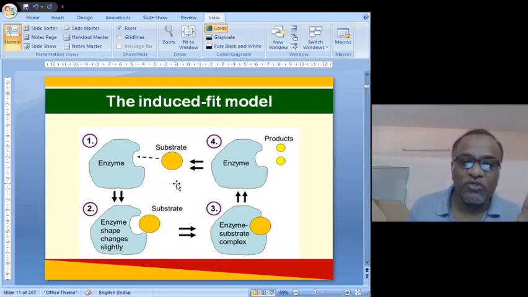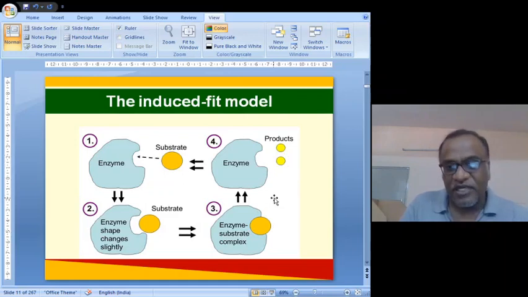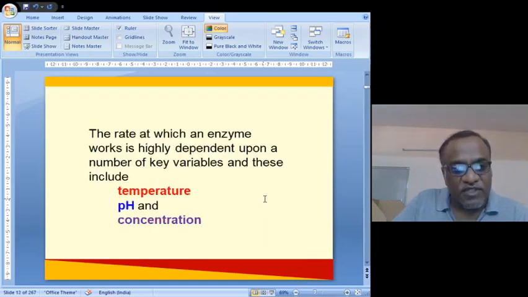So it induces a conformational change, allowing the substrate molecule to bind. You can see here the enzyme shape changes slightly, allowing the substrate to bind, forming the enzyme substrate complex, and finally the enzyme and products are released independently and the enzyme is not used up in the reaction. So these two models explain the enzyme substrate complex formation.